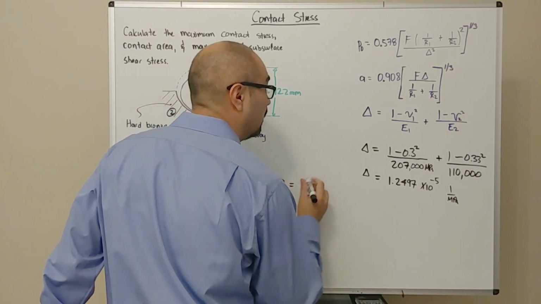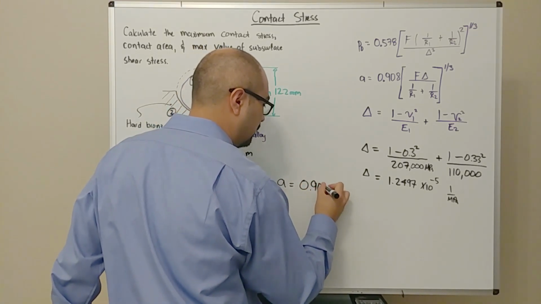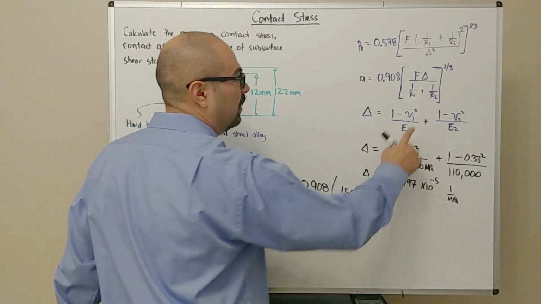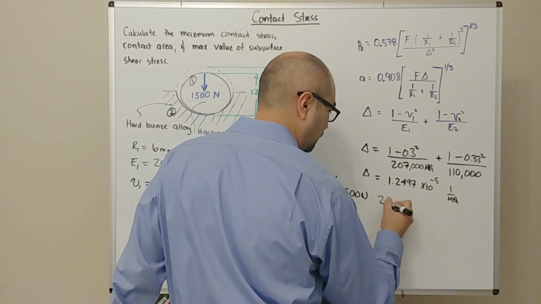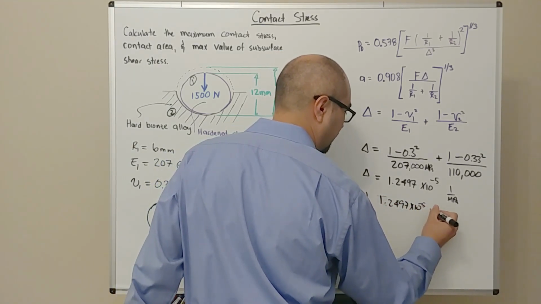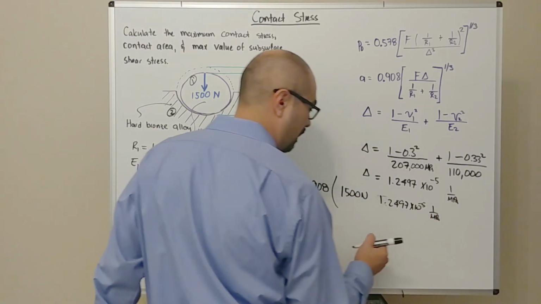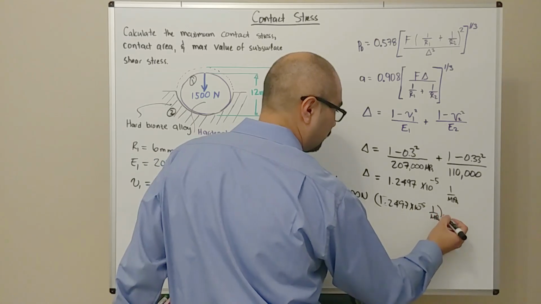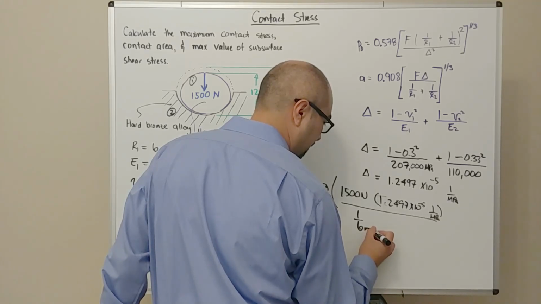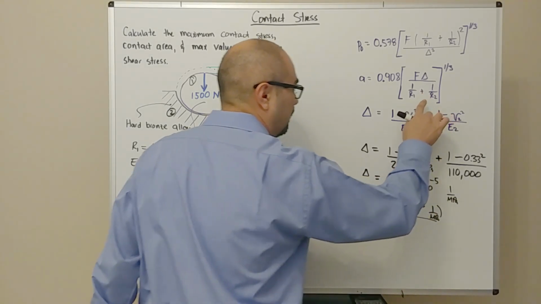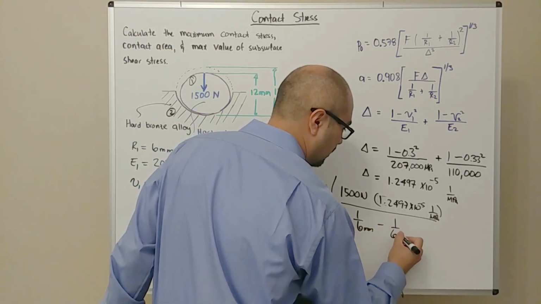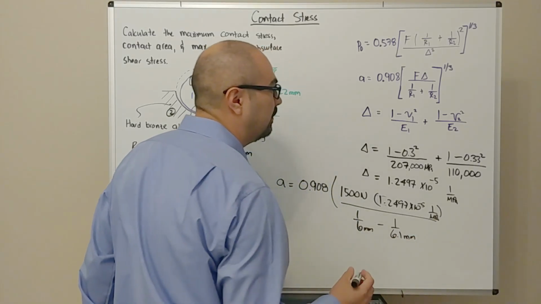So A is 0.908 times the force, 1,500 newtons, times delta, which is 1.2497 times 10 to the minus 5, 1 over megapascal, and then divided by 1 over radius 1, which was 6 millimeters, and then plus, but again, remember, radius 2 is negative because we have concave surfaces, so radius 1 minus 6.1 millimeters.